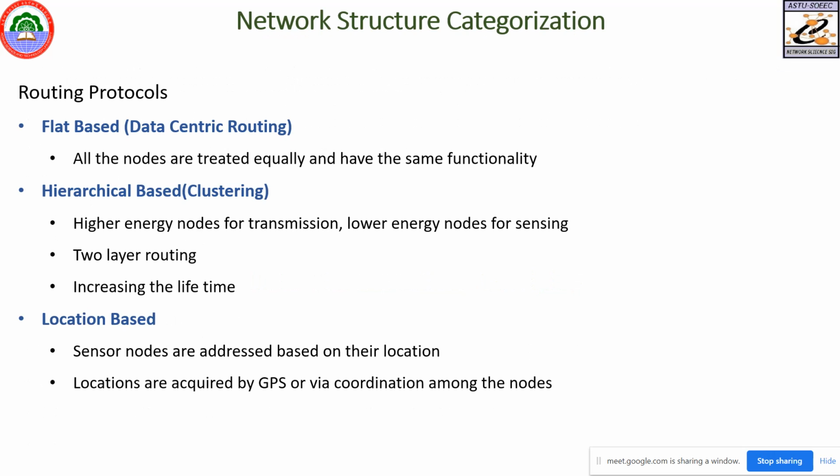So when we come back to data centric routing or flat based routing, we can say that these data centric routing protocols are associated with the data and use it to make the routing decisions. So whatever the data, based on the data, it will decide.